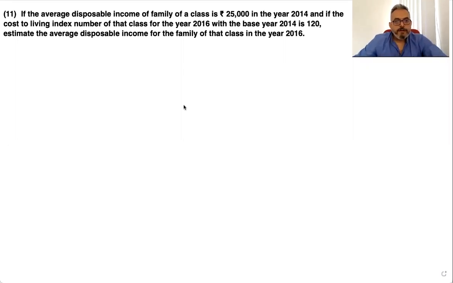If the average disposable income of a family of a class is rupees 25,000 in the year 2014, and if the cost of living index number of that class for the year 2016 with the base year 2014 is 120, so 120 is the index for the year 2016.